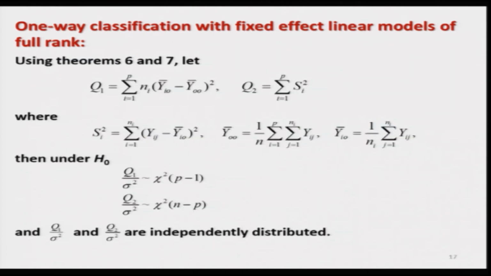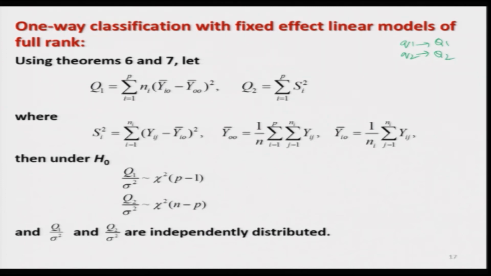Now, I need to find the distribution of this Q1 and Q2. Do you remember that when we did the likelihood ratio test, we had the quantities small q1 and small q2, and we converted them so that they look like observed values of two random variables, capital Q1 and capital Q2?